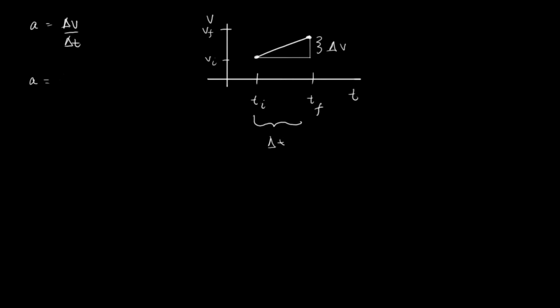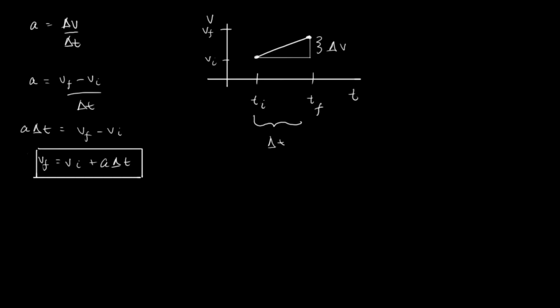And this will be V final minus V initial over delta T. If we multiply by delta T on both sides, we get A delta T is equal to V final minus V initial. We can rewrite this equation as V final is equal to V initial plus A delta T. And this would be our first equation.